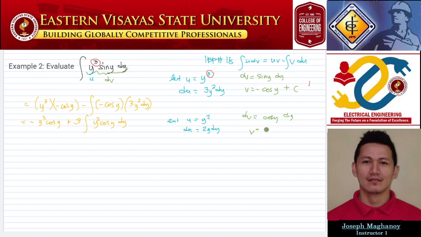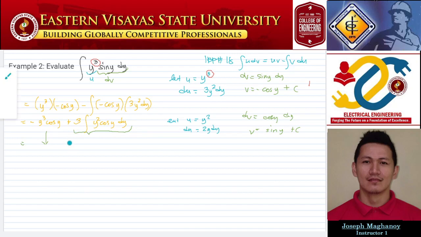So your v is sine y plus c. Again, we rewrite according to our formula number 18. But we carry down this term and we apply our integration by parts in this second term.